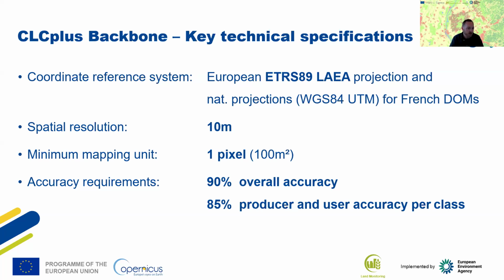The spatial resolution is 10 meters, and the minimum mapping unit is 1 pixel, so equivalent to 100 square meters. The accuracy requirements are 90% overall accuracy for the whole product, and 85% producer and user accuracy per class. And those classes are shown on the next slide.